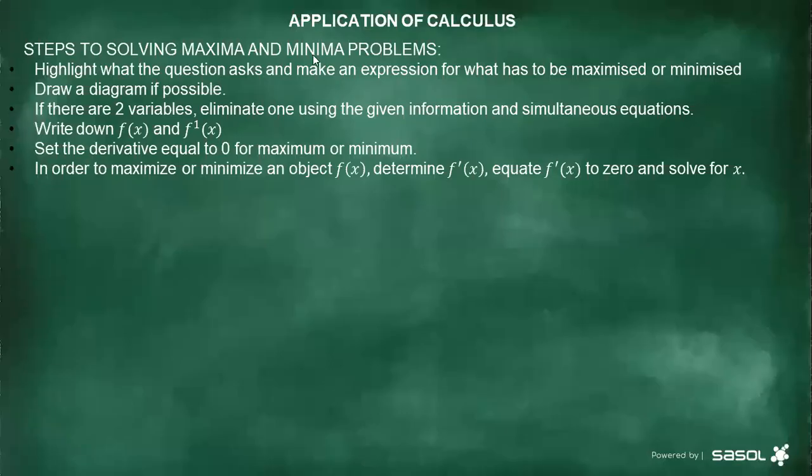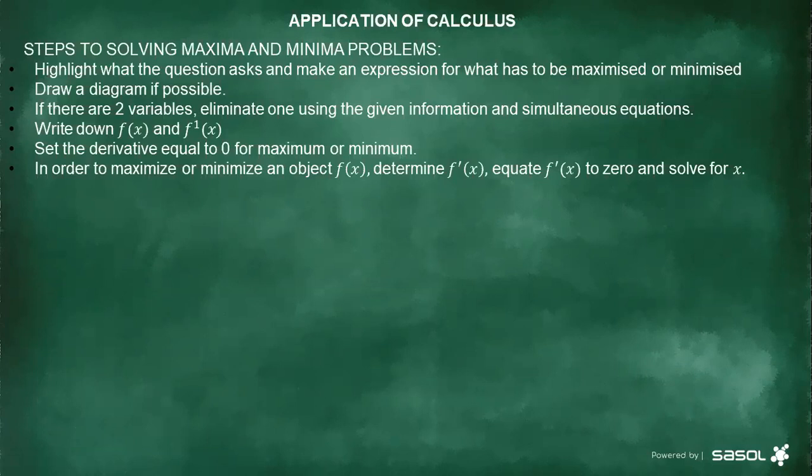And then application of calculus, it says the steps to solve the maxima and the minima problems. First, we have to highlight what the question asks and make an expression of what has to be maximized or minimized. Or what we can do, we can draw a diagram if possible.